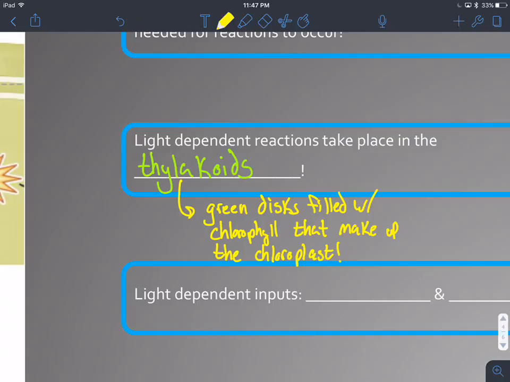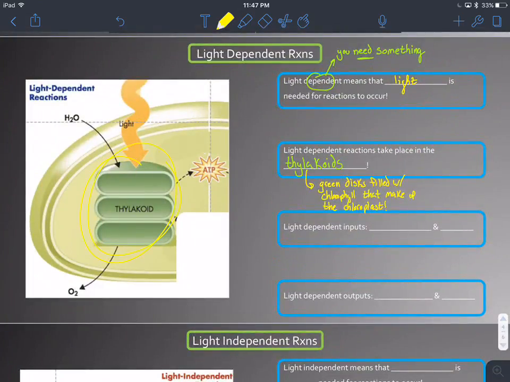If we don't have these thylakoids, we do not have chlorophyll and the plant is not green. So the thylakoids are super duper important, and that's where all these light dependent reactions are taking place. It's all right here inside the thylakoid.